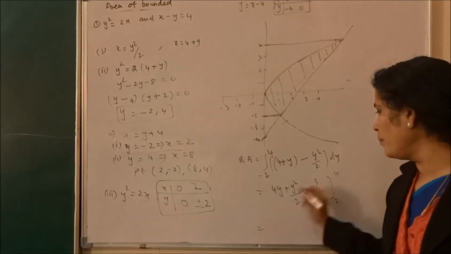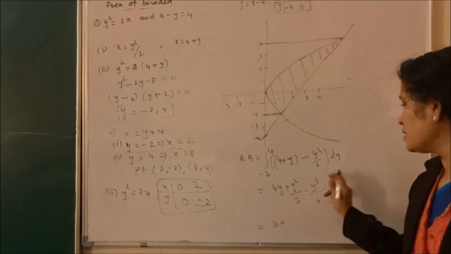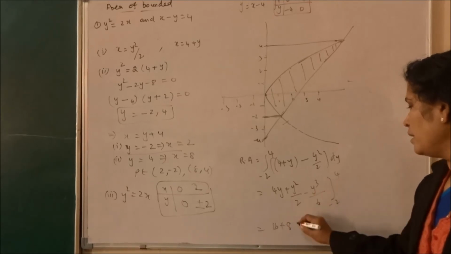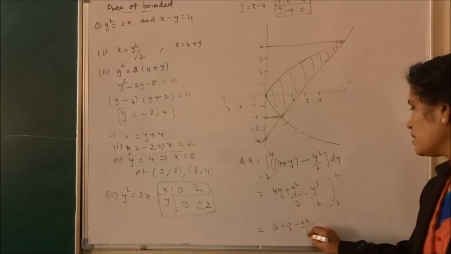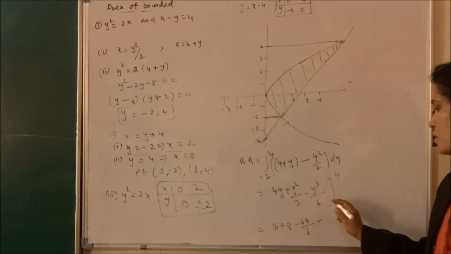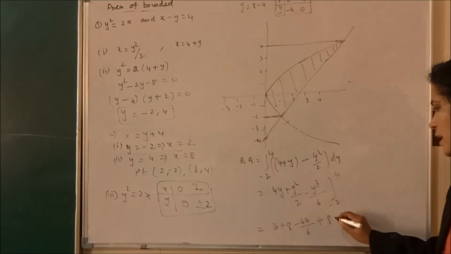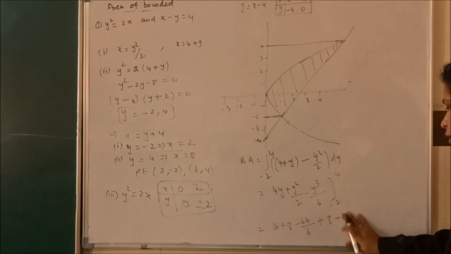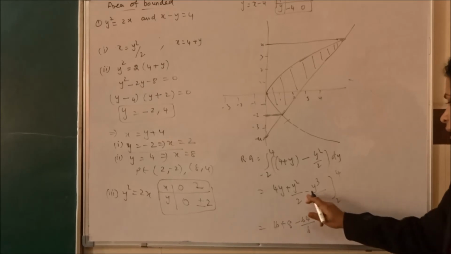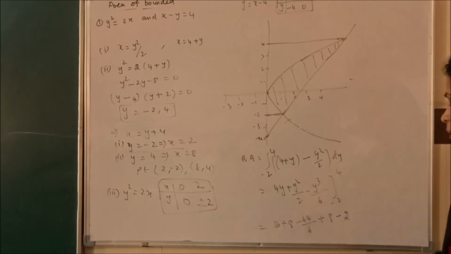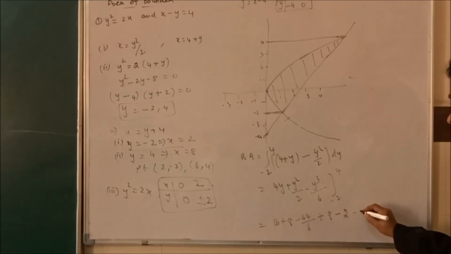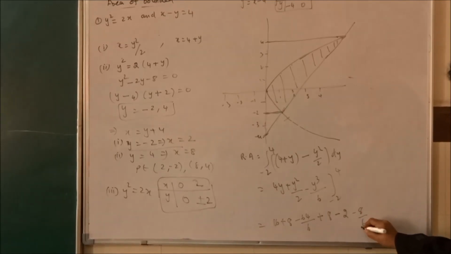Now I am substituting the upper limit: 16 plus 16 by 2, that is 8, and then minus 64 by 6. Then minus the lower limit: minus minus plus, that is 8, then minus 4 by 2, that becomes 2, and then minus 8, so minus 8 by 6. Clear?